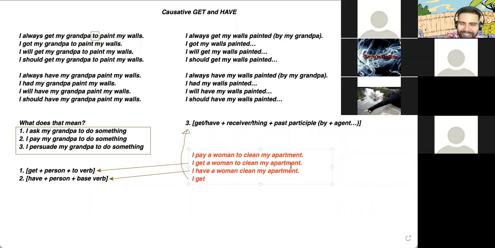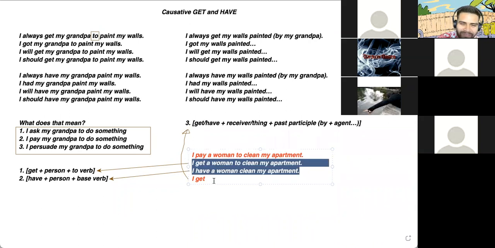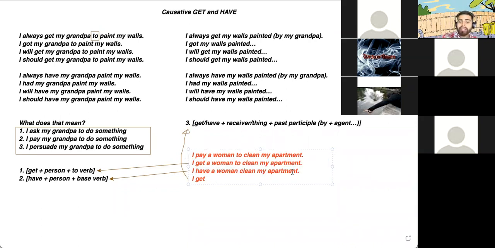My mom, no. Change my sentence. Receiver or the thing? What is the thing here? A woman or my apartment? My apartment. Okay, so I get my apartment. ¿Cuál es el past participle? Come on, it's a regular verb. That means you only add ed. Cleaned, exactly. And if I wanted to, I could say by a woman.